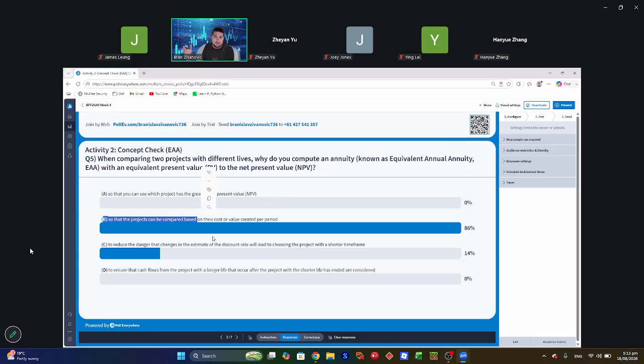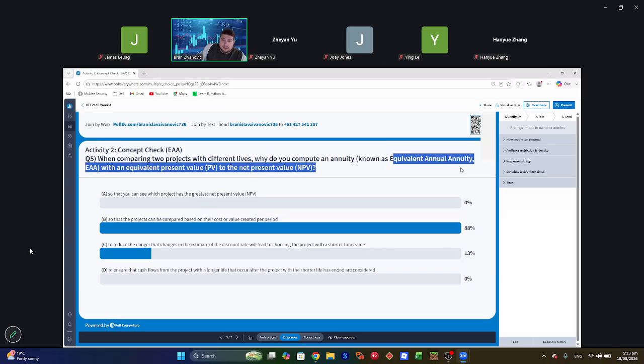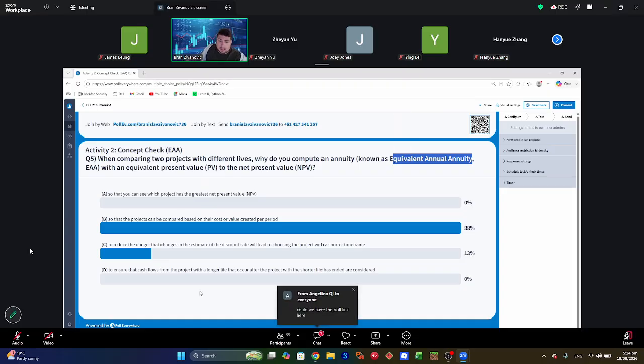If we've got a project that goes for 2 years and a project that goes for, say, 3 years, calculating the payment amount per year, per period, will help us understand that while the overall NPV of the 2-year one might be lower, when you look at the naive NPV, the first NPV that we assess, per period, per year, the shorter one can sometimes give you more value. You can actually make more money per year on the shorter project than on a longer one. So the equivalent annual annuity effectively equates annual amounts to allow us to compare different projects.